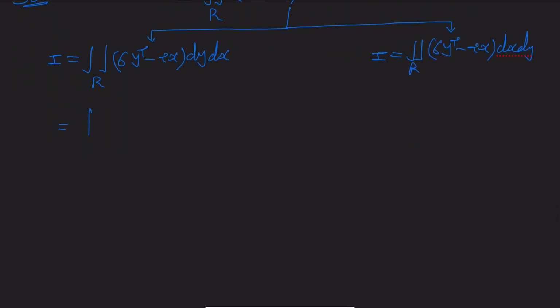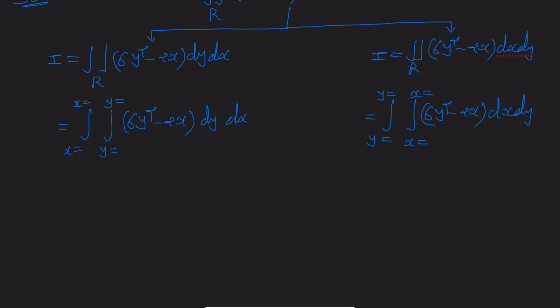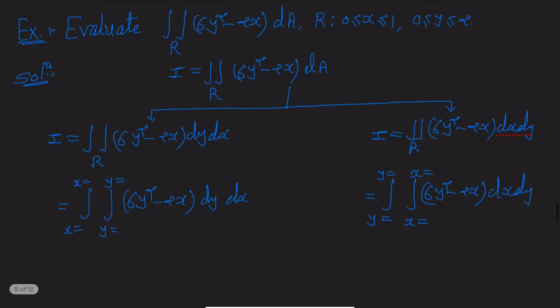Whenever you are writing dy dx, you need to be careful that your inner limit is of y and outer limit is of x. Whereas here, 6y square minus 2x dx dy, the inner limit is of x and outer limit is of y. Clear?